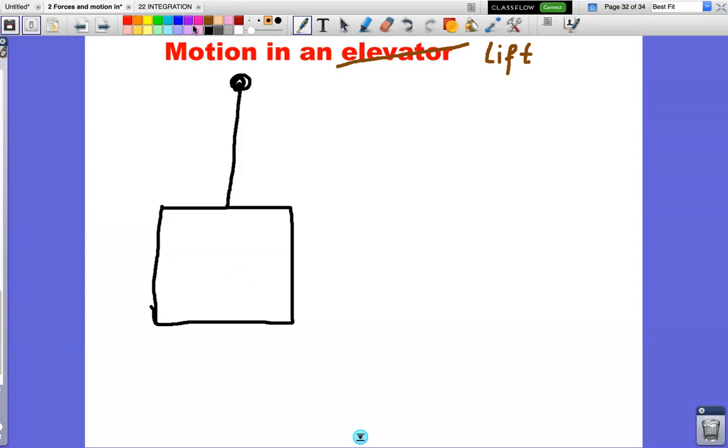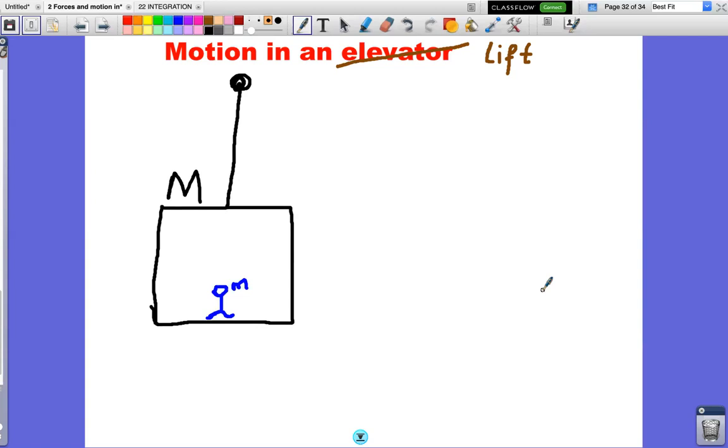Let's say there are some people, you are in this elevator. You are standing in the elevator. Let's say your mass is m, and the mass of this whole box is big M.